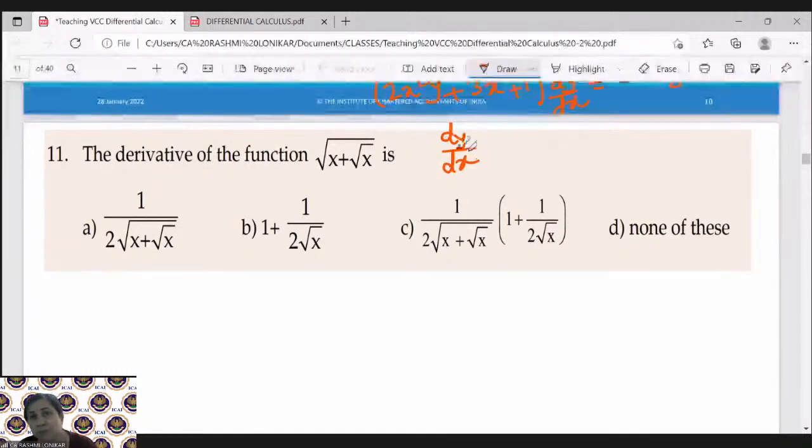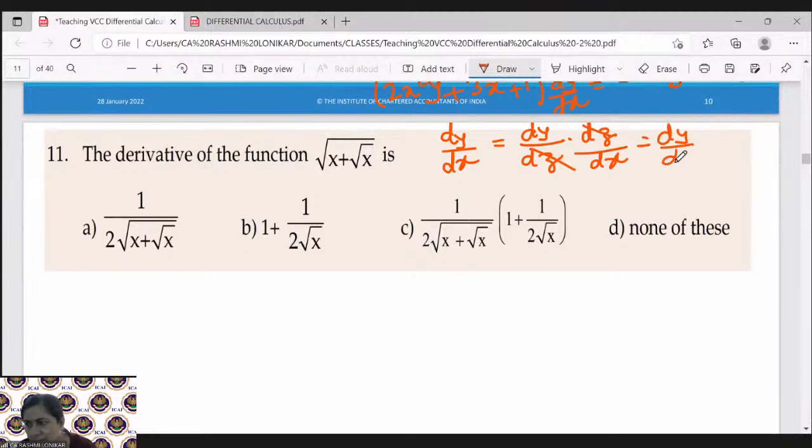But I have substituted for z, so I am writing dy by dz into dz upon dx. So see, dz cancels and you get dy by dx. Mathematically, what I have done here is find the derivative of y with respect to z, and then the derivative of z with respect to x. Okay, so that is what we have done.